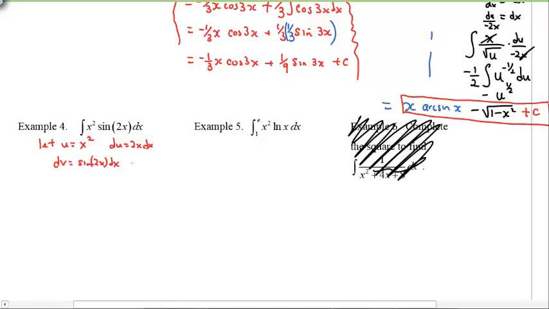Be careful when you integrate this. The integral of sine is negative cos, but then you're going to have some numbers in front because of that too.